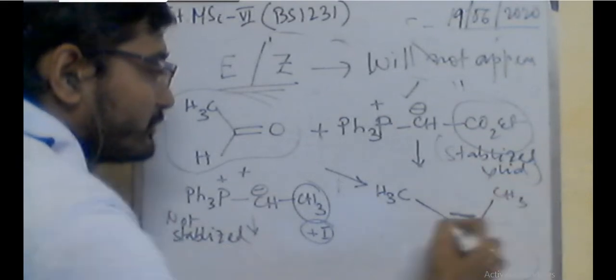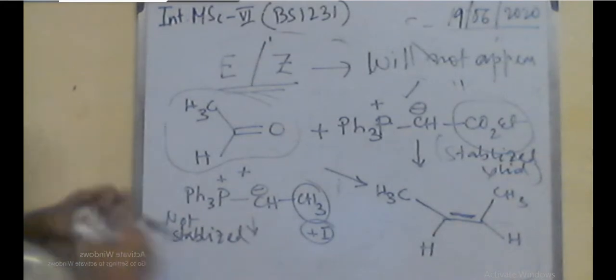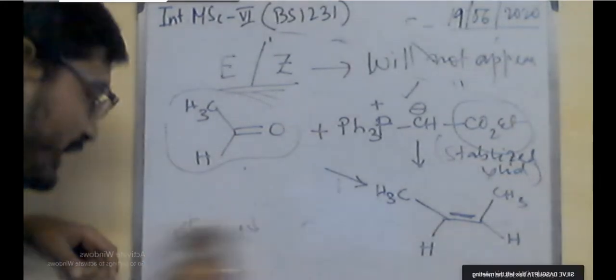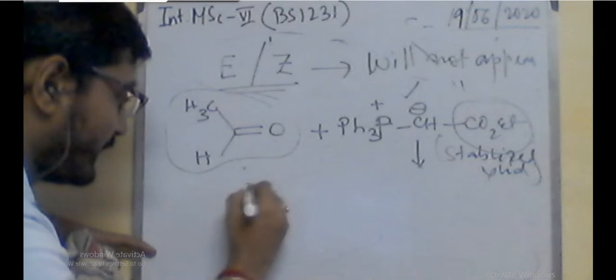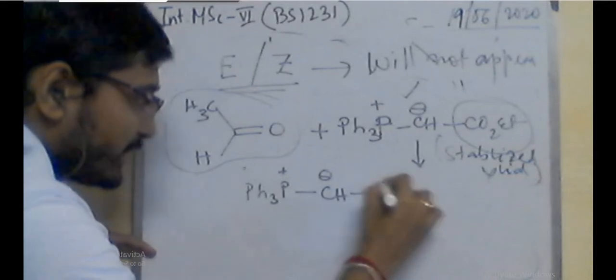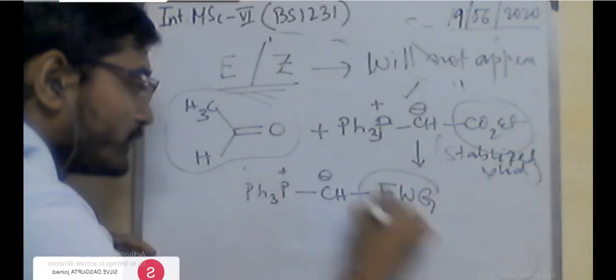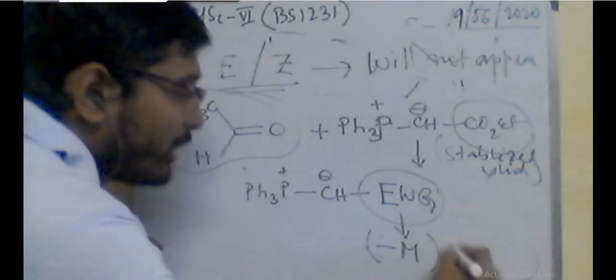There are lots of examples, but if you want to remember this in a generalized way, then in the case of a phosphorylide, if some electron withdrawing group having a minus M effect, that is the mesomeric effect or minus R effect, both are the same term, either mesomeric effect or resonance effect, is attached to this negatively charged carbon, then the negative charge gets stabilized and the ylide becomes a stable ylide.